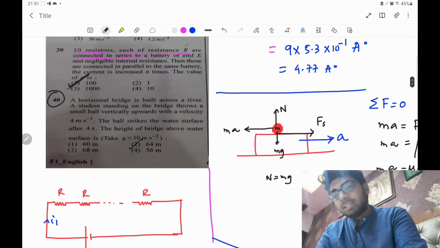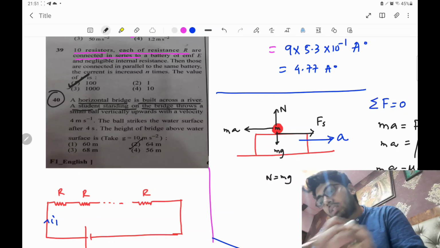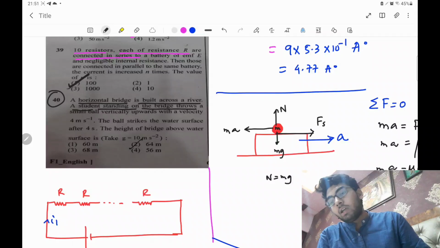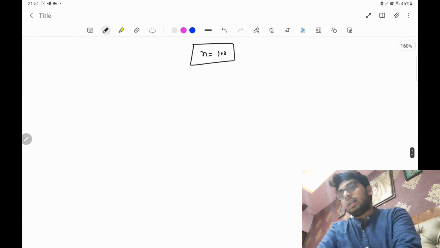Question number 40 is saying that a horizontal bridge is built across a river. A student standing on the bridge throws a small ball vertically upward with a velocity of 4 meters per second. Now the ball strikes the water surface again at 4 seconds. So the height of the bridge above the water surface is. The concept of the question is like that.